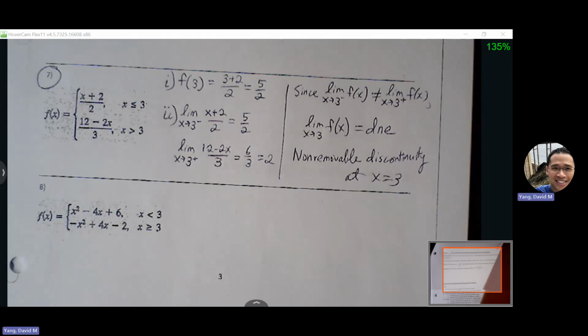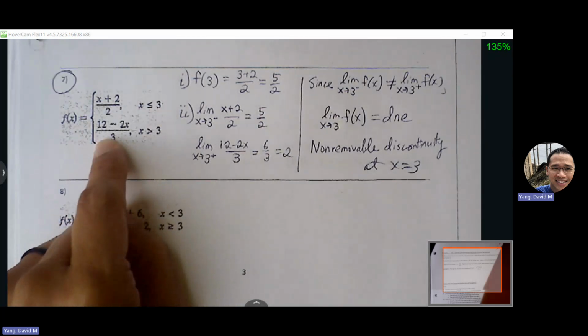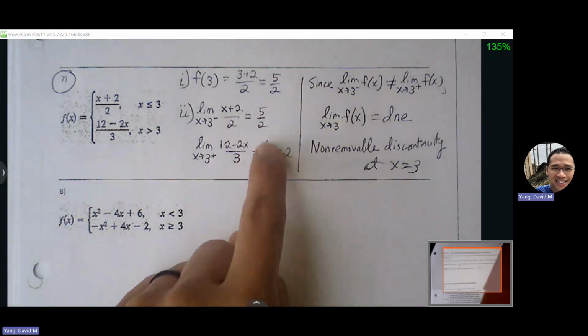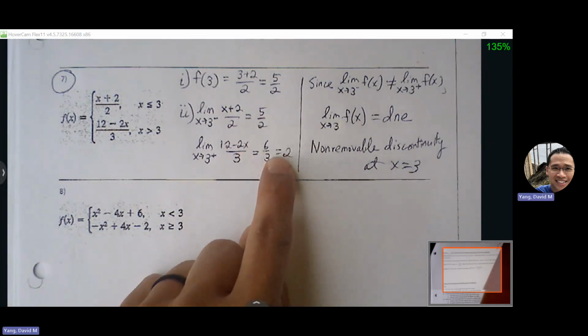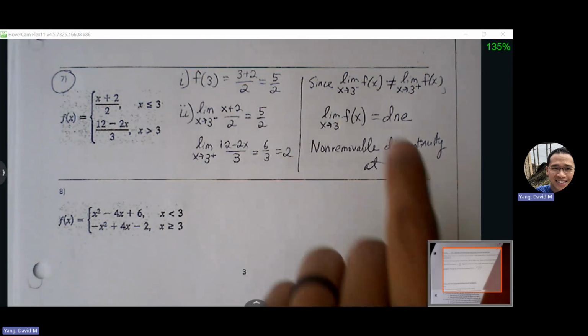Make sure you're writing out your full reasoning here. We do have a need for one-sided limits because we see less than, greater than. We have different graphs on either side of 3. The one-sided limits are not in agreement. We have jump discontinuity. One side heads to 5/2, the other side heads to 2. The arrows are not pointing in the same direction.